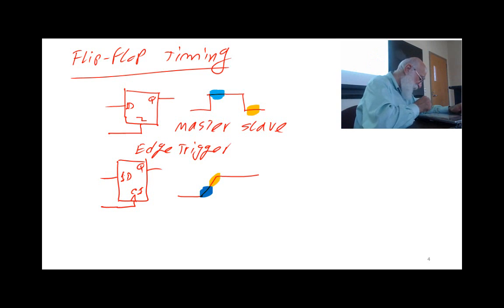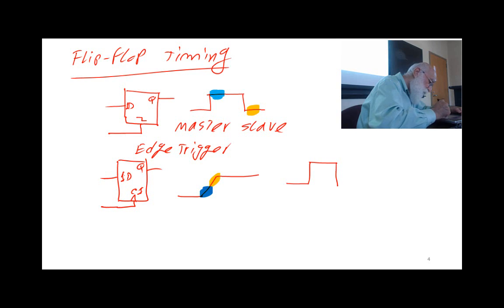So this is how I defined my timing. I say that I have a data signal. I have a clock, for a flip-flop that is, let's say, rising edge. This is my clock, and then I have this data here.